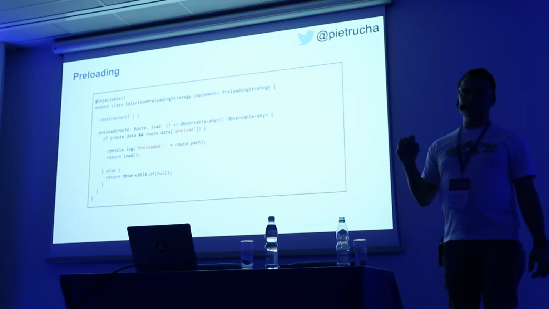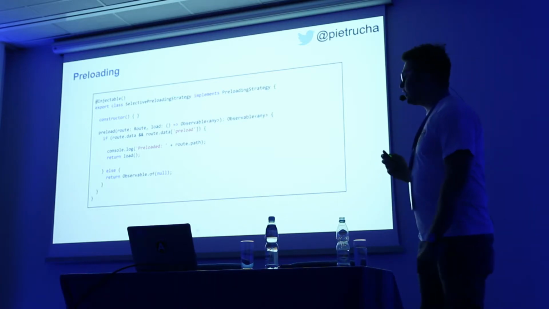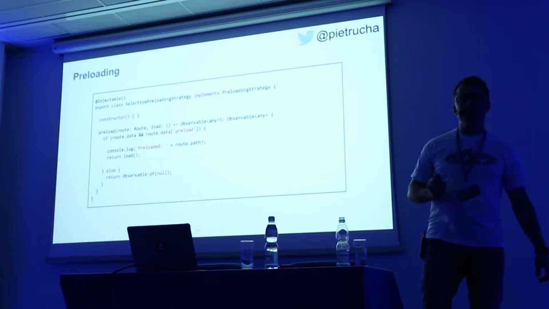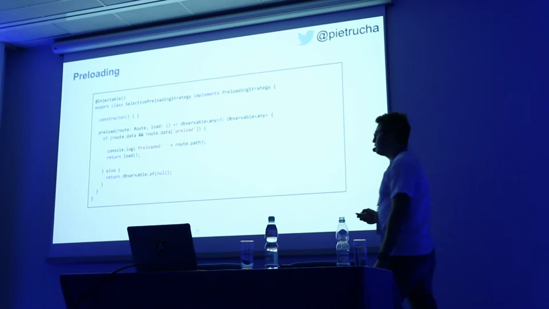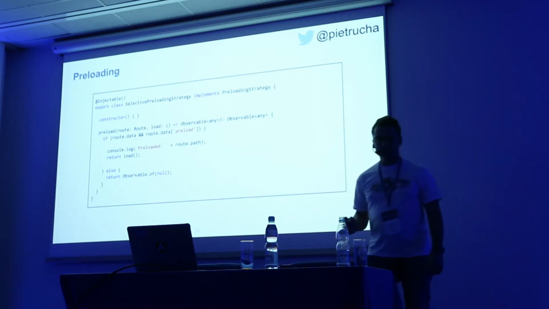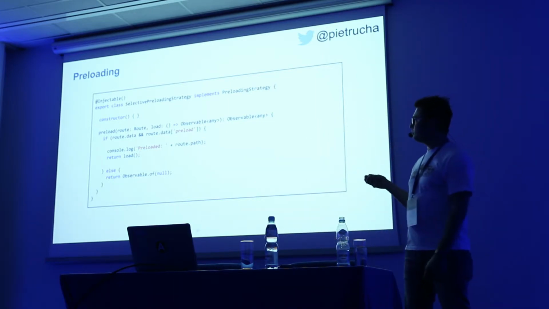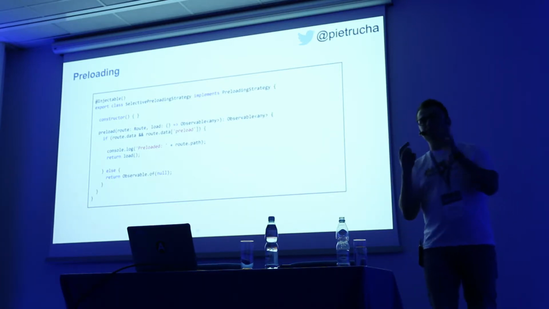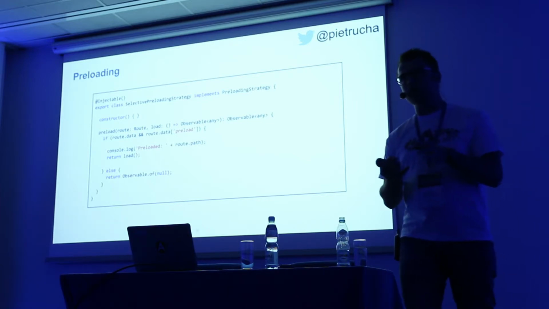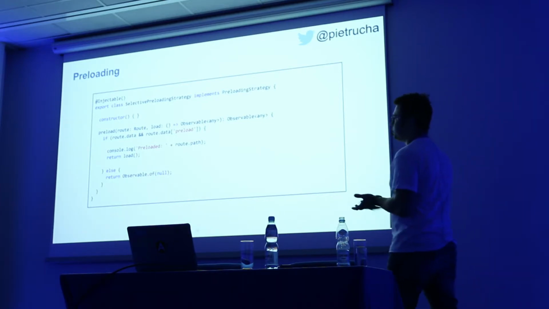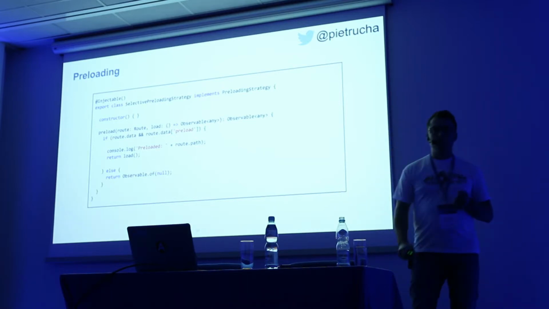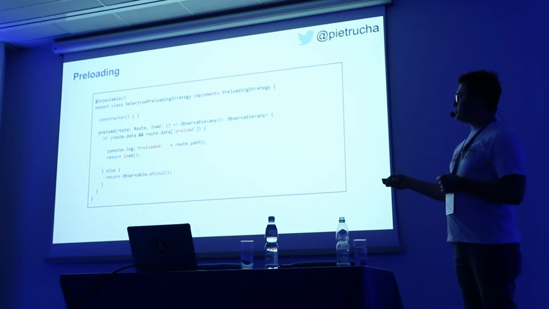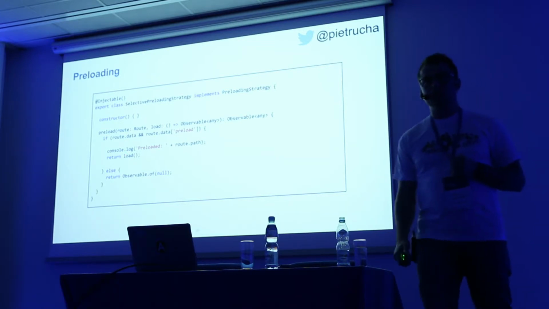And how to implement such a strategy? Again, fairly easy. We need to implement the PreloadingStrategy interface, which has one particular method, preload. We are given a function load and a route, so we can check if this route is the one that we want to preload, and based on our own logic, in this case we are just checking if the preload is truthy, has a true value, and return the load function call.